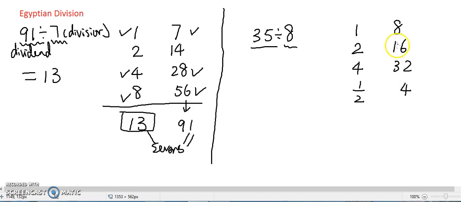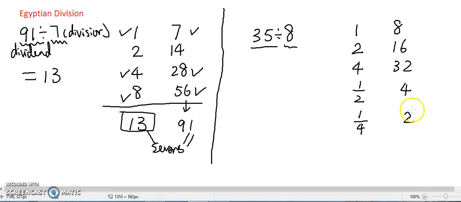And if we look at those numbers, it doesn't look like we're going to get exactly 35. So we're going to take half of 4, which is 1/4 of 8. Half of a half is 1/4. Half of 4 is 2.